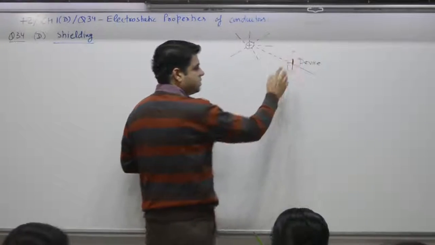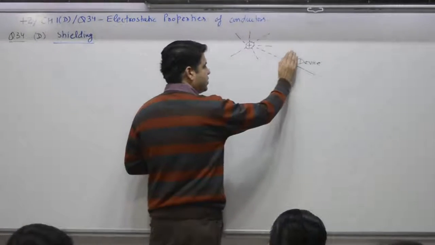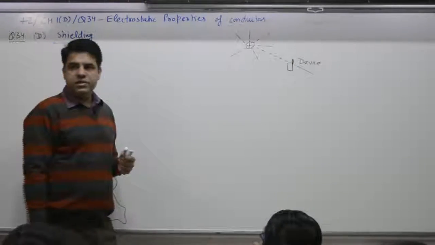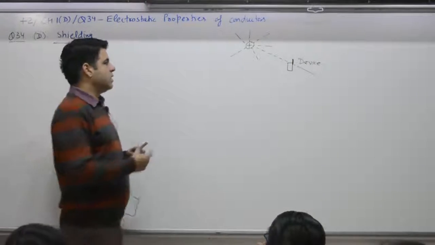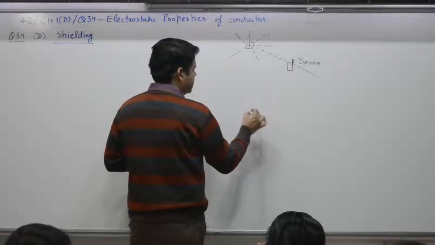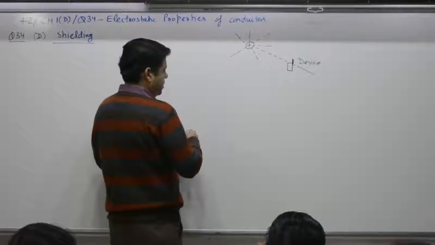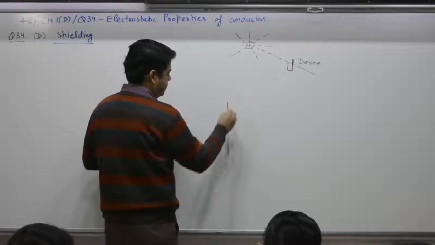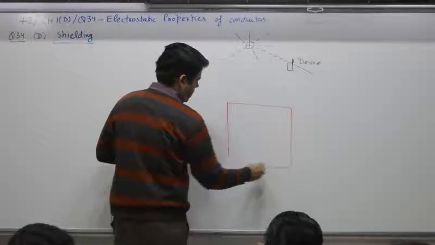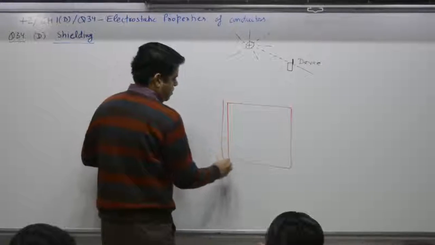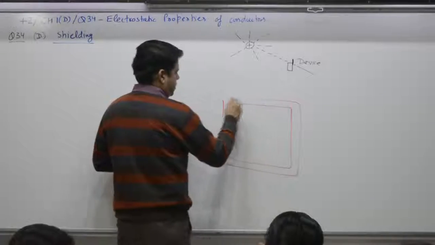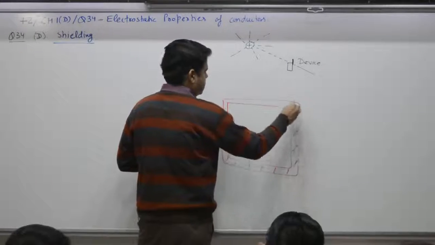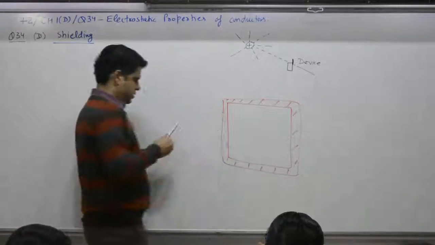Any device, maybe cathode ray tube in the lab, any instrument in the lab you want to protect, you want to shield. Then you place this device inside a metallic shell. This is metallic shell, an enclosure.